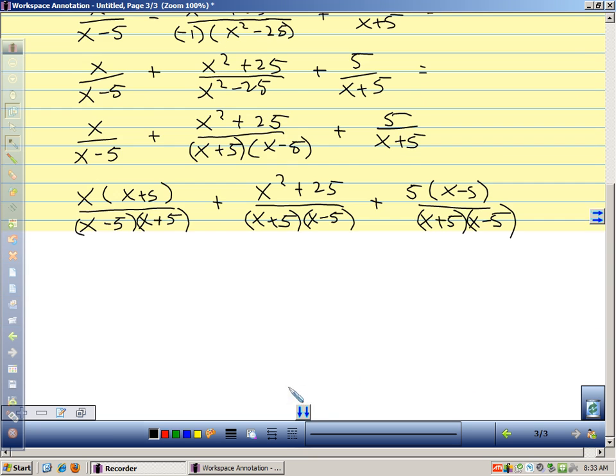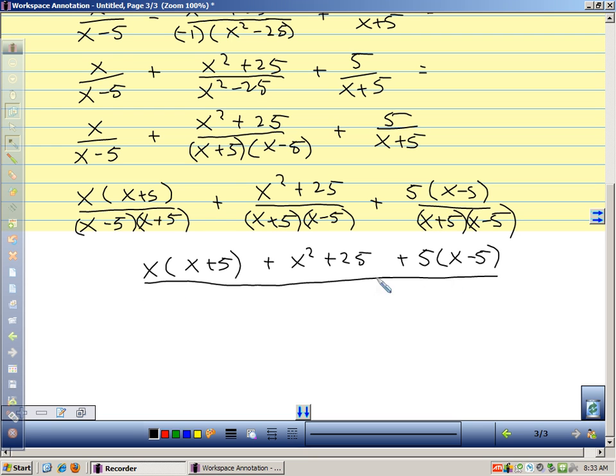So finally I can add my fractions. I have a common denominator, so I can write this as x times x plus 5, plus x squared plus 25, plus 5 times x minus 5, all over x plus 5 times x minus 5.